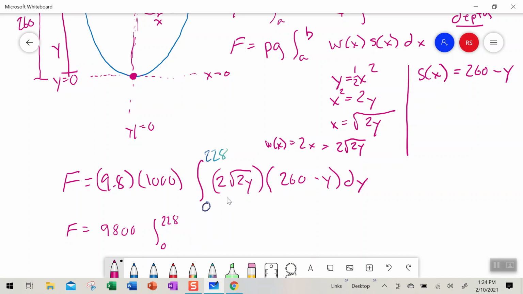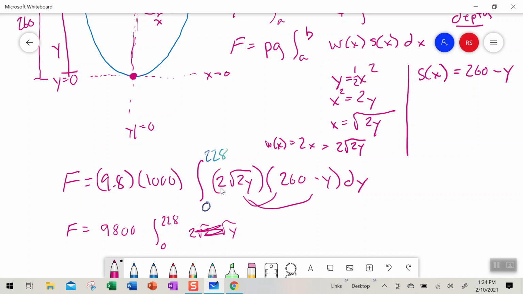So this becomes, I'm going to separate the radical 2 from the radical y. Well, actually, I don't want to do that yet. I want to multiply these through.